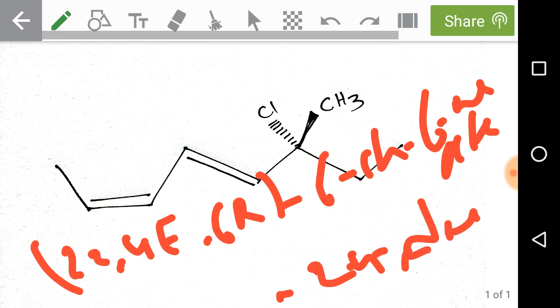So this is the complete name of this organic structure. Once again, 2Z, 4E, 6R, 6-chloro, 6-methyl octa-2,4-diene. By using these 7 steps, one can give the correct IUPAC name for given organic structures. Thank you.